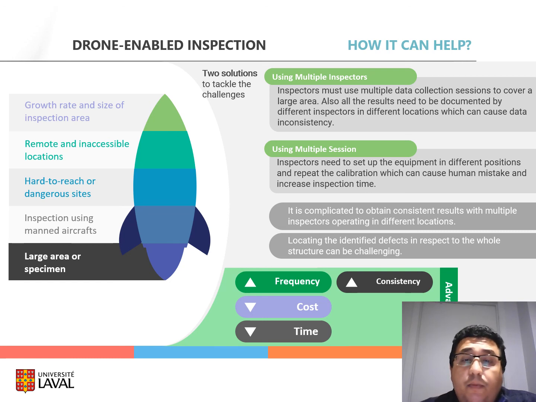In the second approach, inspectors need to set up the equipment in different positions and repeat the calibration, which can cause human mistakes and increase inspection time. Besides all of that, locating the identified defects with respect to the whole structure can be very challenging. So it's safe to say that drone-based inspection can increase the safety and the data consistency in industrial inspection.